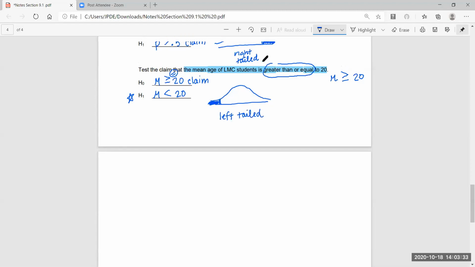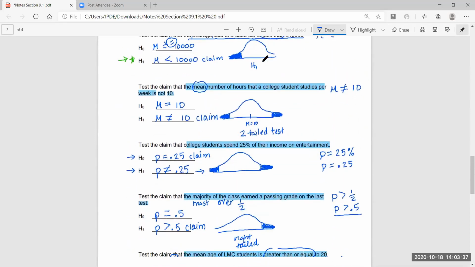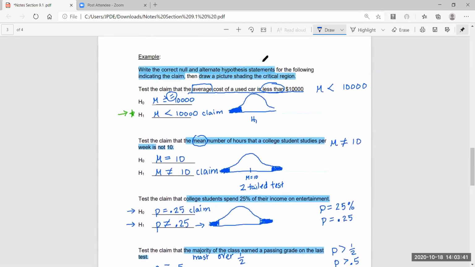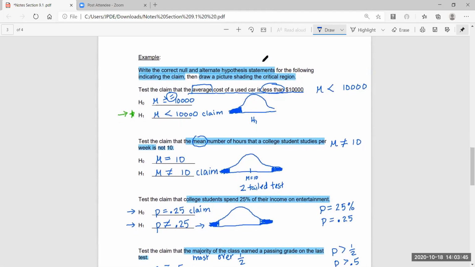Okay, so we've gone through several examples. You notice I did some means and some proportions so that you could practice writing the null and the alternative hypothesis.